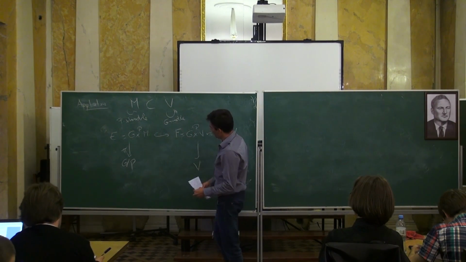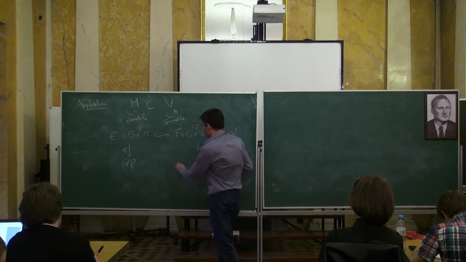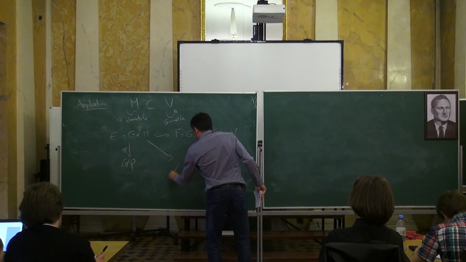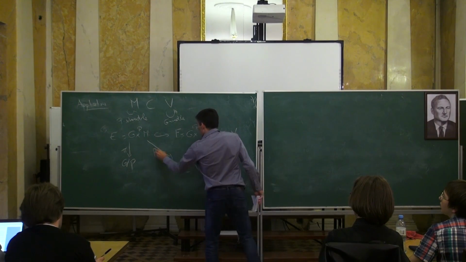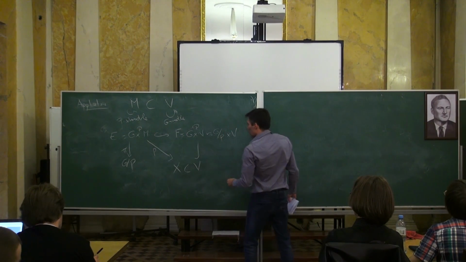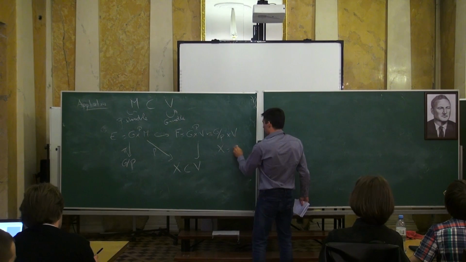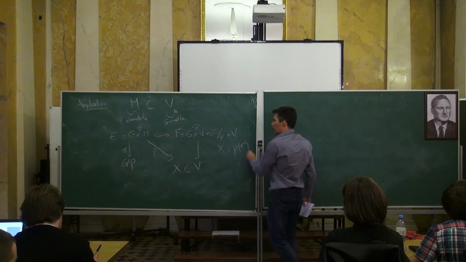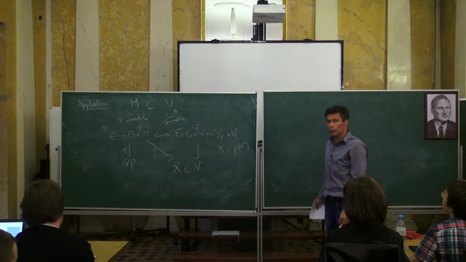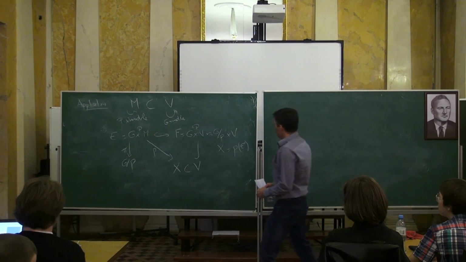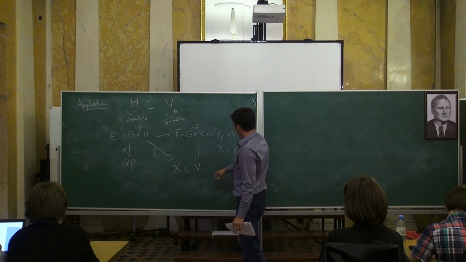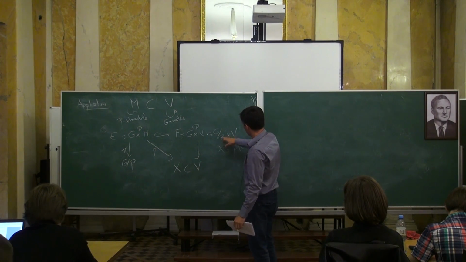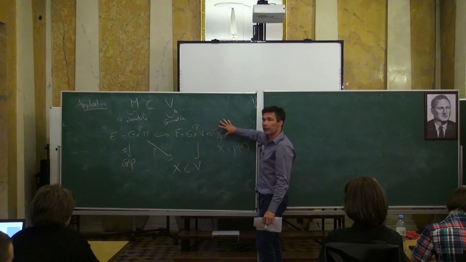And so it's natural to consider the projection of E to V. And I call X the image. Okay, so X is P of E. So you see that this map is the projection from this product, and G mod P is projective.